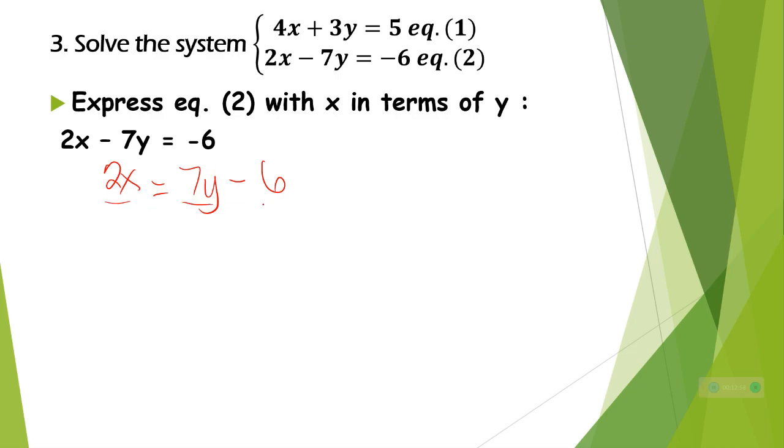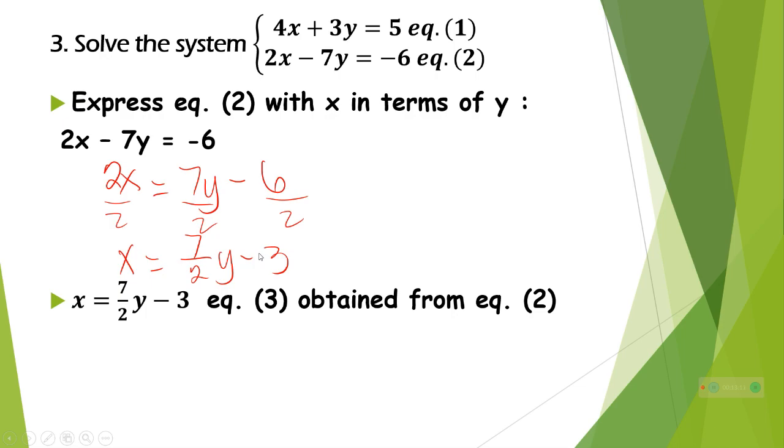Then you're going to divide all the terms of the equation by 2. So you will have here x equals 7 over 2 y minus 3. So again, x equals 7 over 2 y minus 3 is our equation 3, obtained from our equation 2.